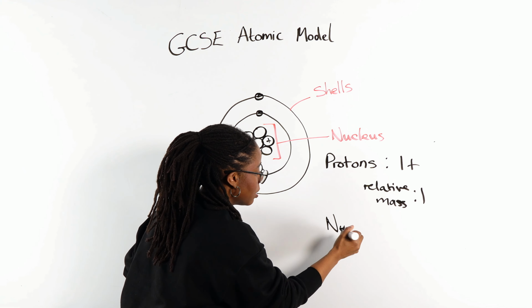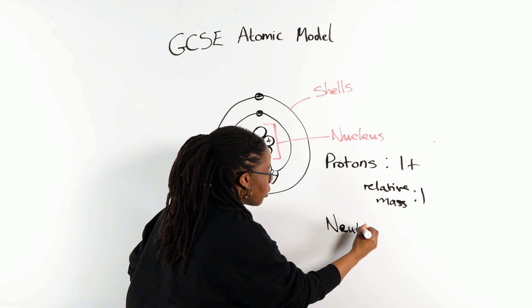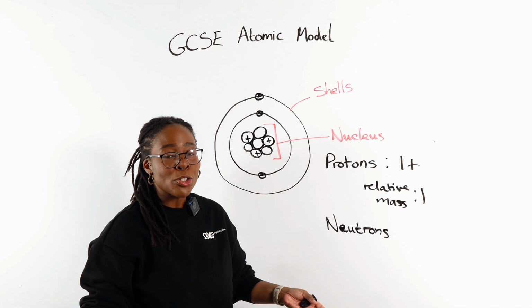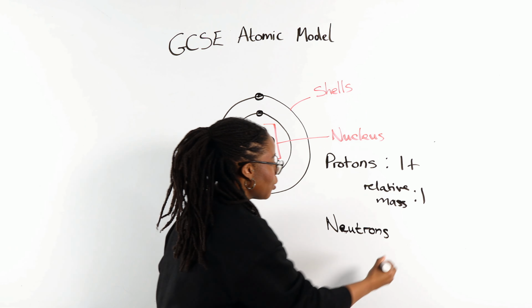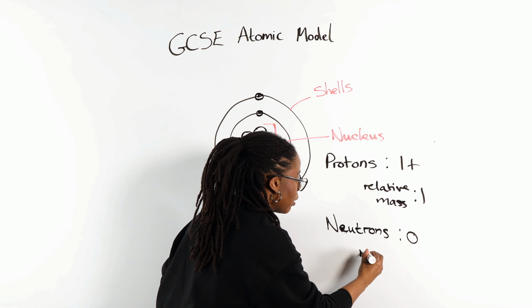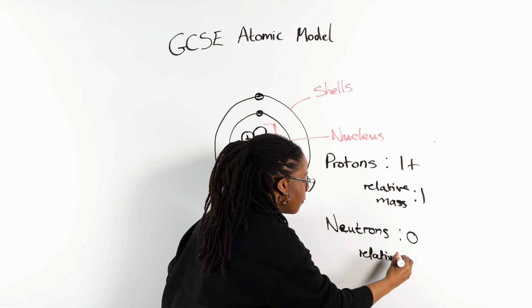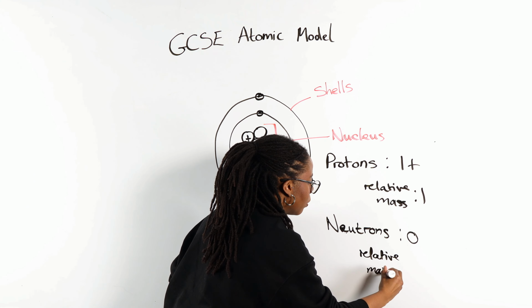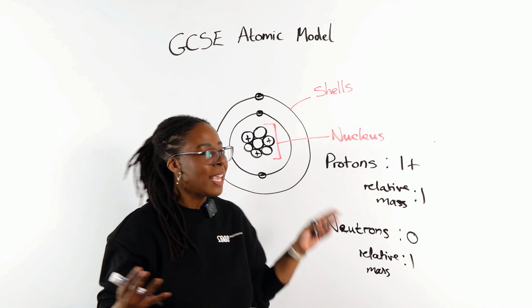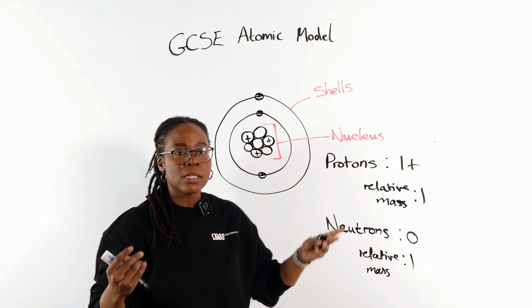Neutrons. Now, as the name suggests, neutrons are neutral, so they have a charge of 0. But just like the protons, they also have a relative mass of 1.